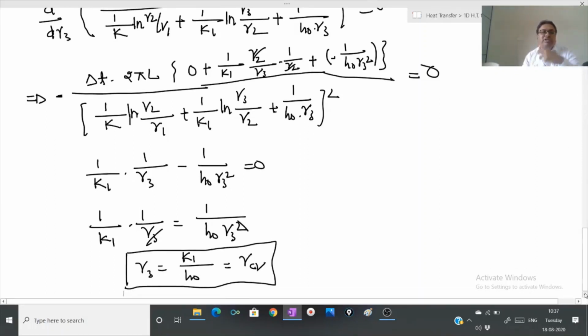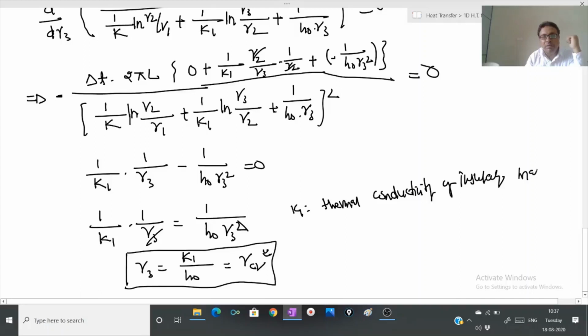So what is the crux of this discussion? The crux of the discussion is that for a cylindrical surface, the value of critical radius is k1 upon h0, where k1 is the thermal conductivity of insulating material and h0 the convective heat transfer coefficient of the surrounding fluid.